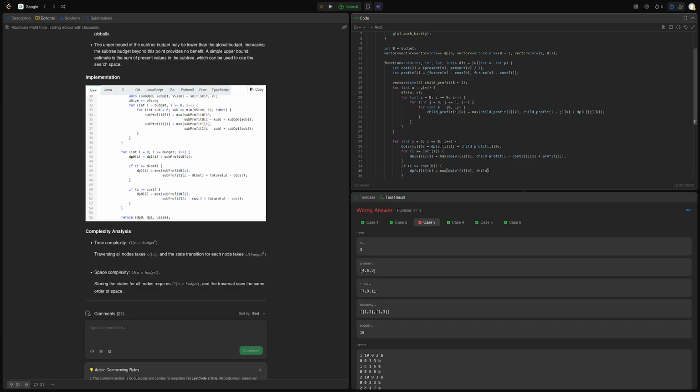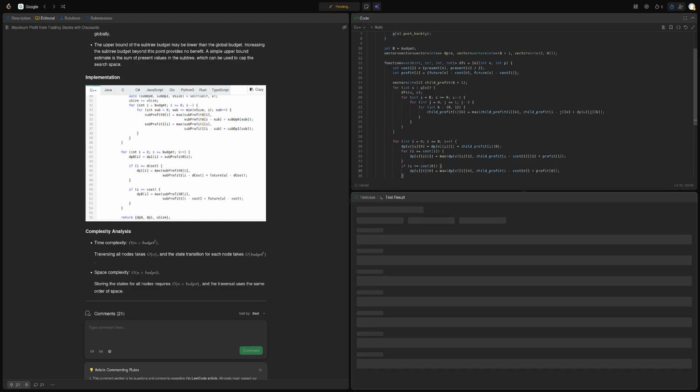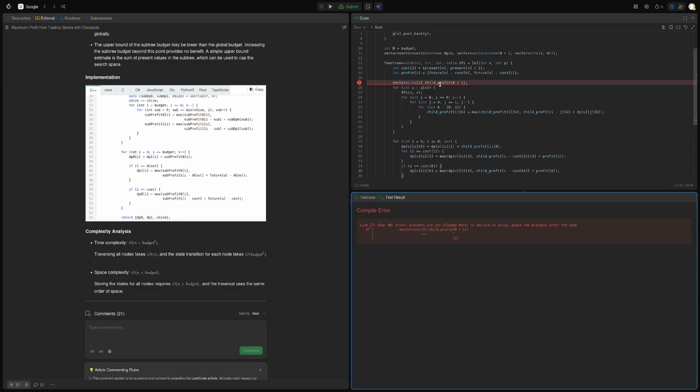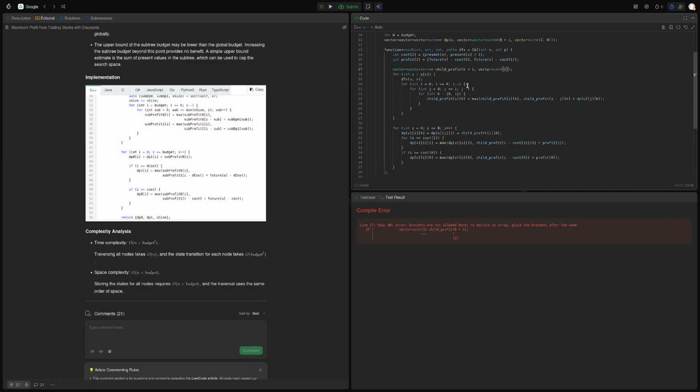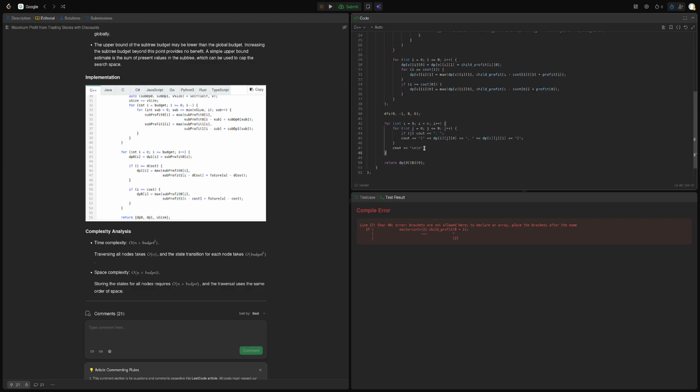Then if my parent did not buy, I think it's the same because I am still buying. Almost got it, but finally I have to modify this.